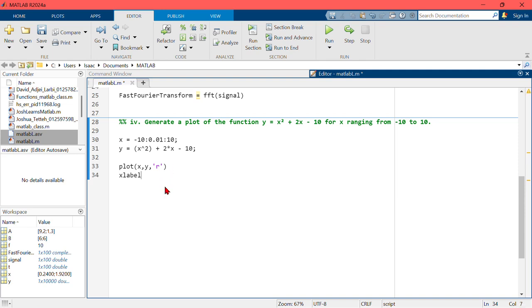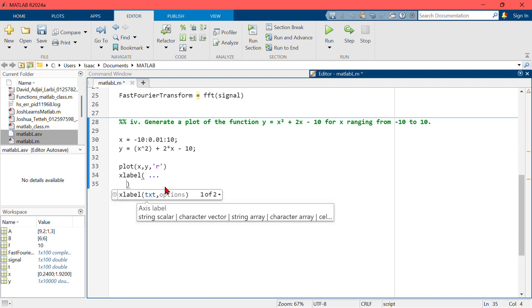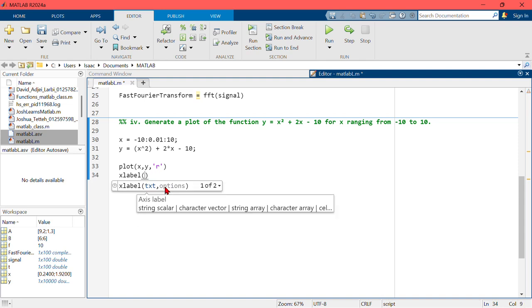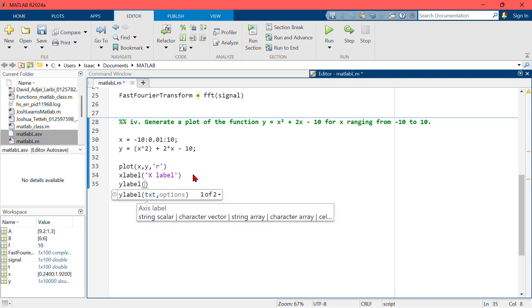When you are typing, it gives you the hint. That just makes sense, right? And we can also label the Y axis, ylabel. Now you can use tab to just complete it.